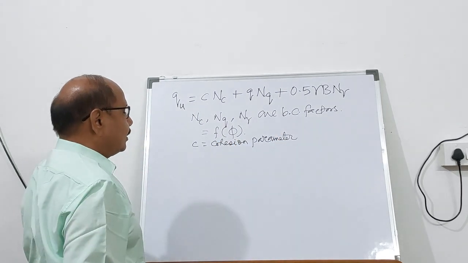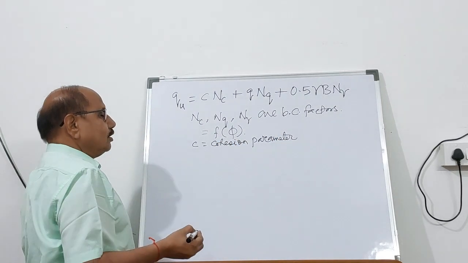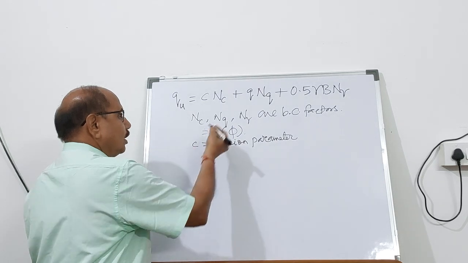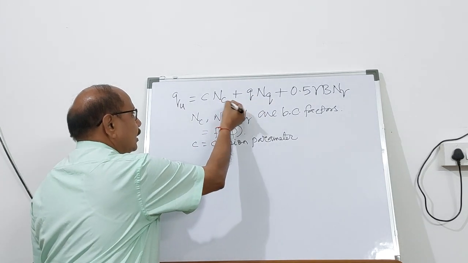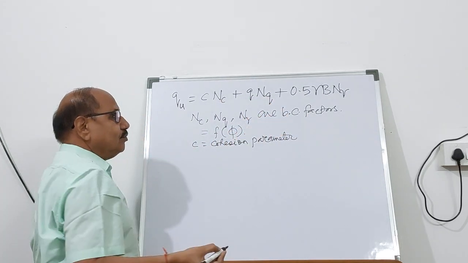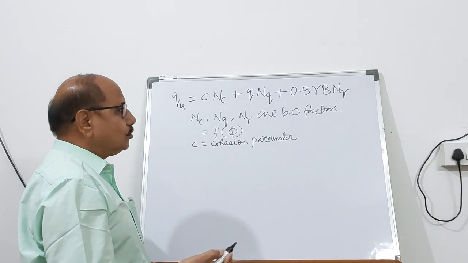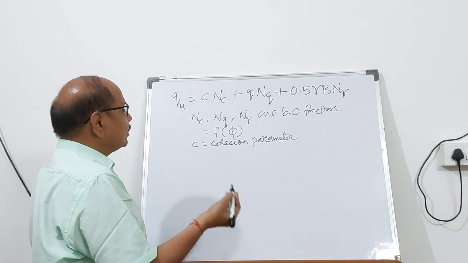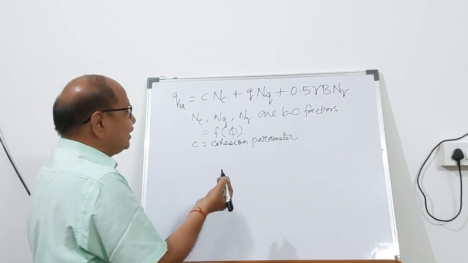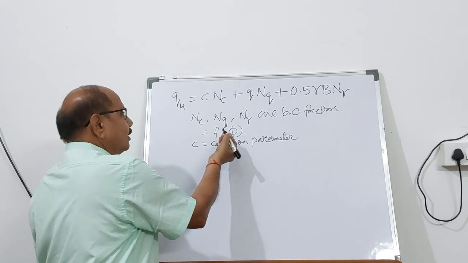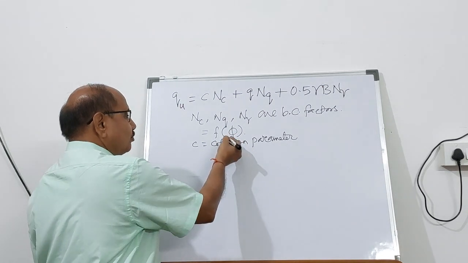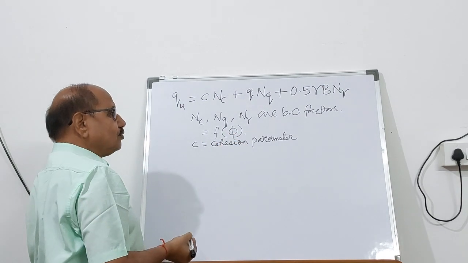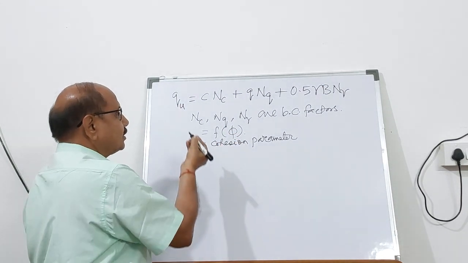So here Nq, Nc, everything will be known to you when you try to solve any problem, because it is already given in the form of a chart, and knowing the values of c and phi from the shear test, you can substitute.